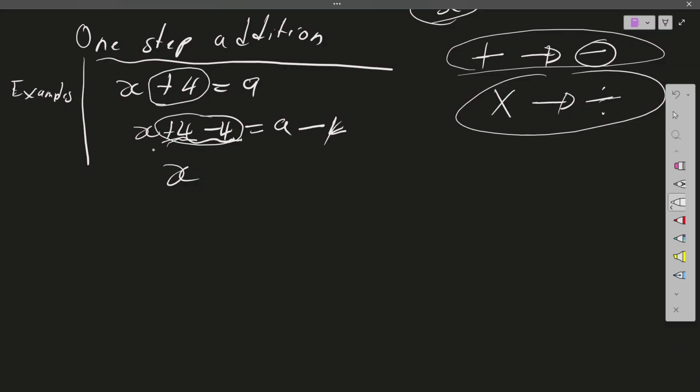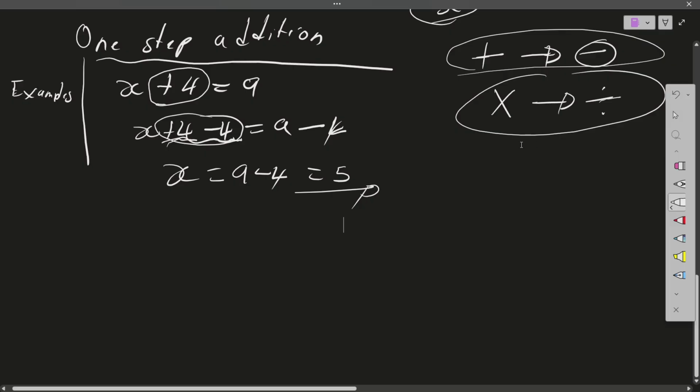It is unnecessary to say plus 0, because that's just adding nothing. So x is equal to 9 minus 4, and 9 minus 4 is 5. So that is one step addition.